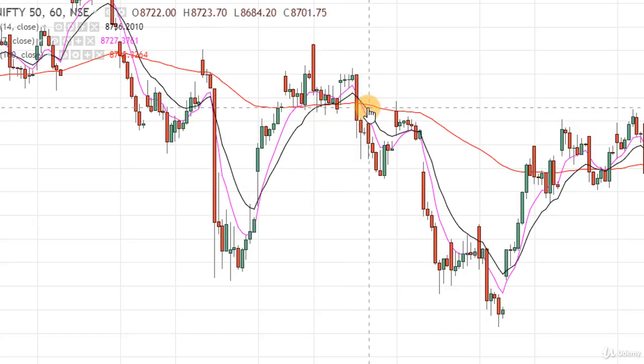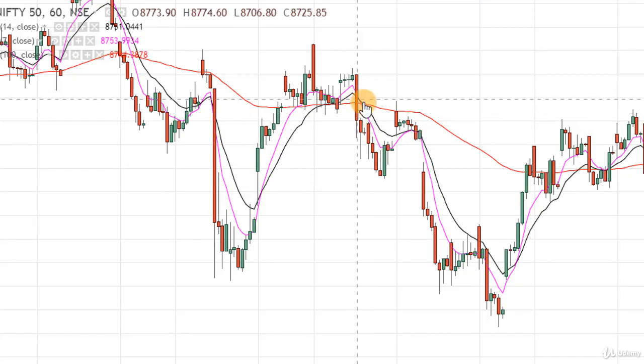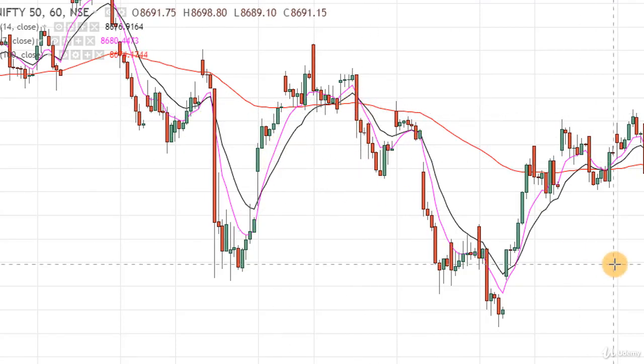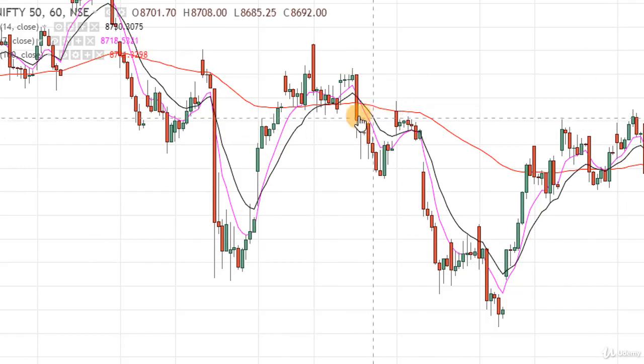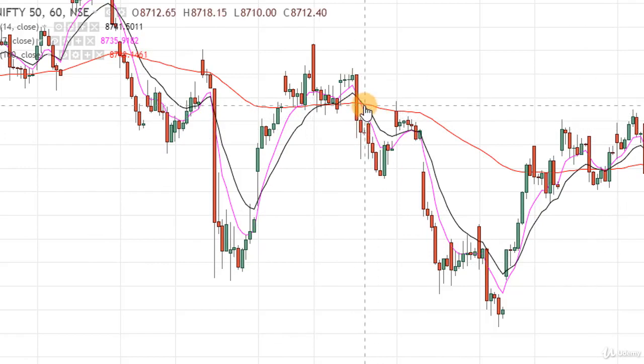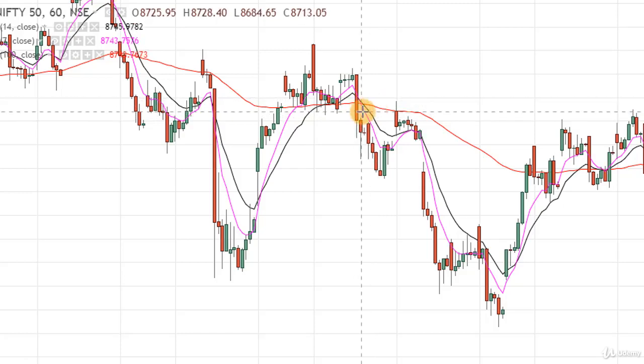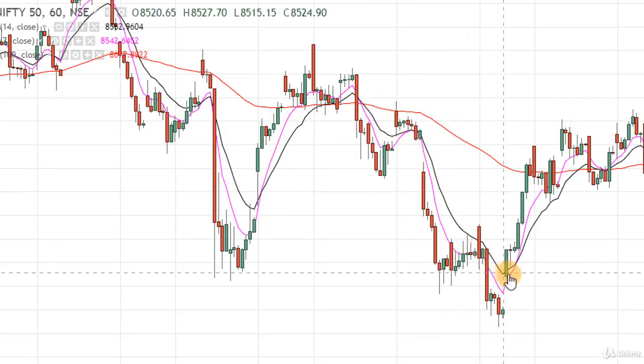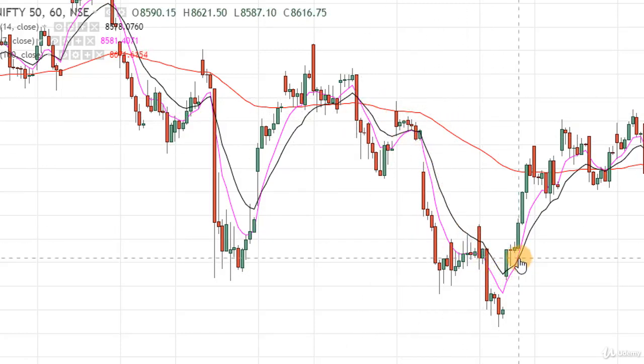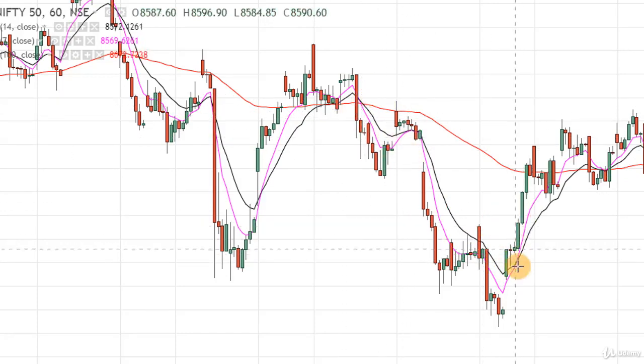It means faster moving average is below the slower moving average. We are getting a bearish signal. As it is a downtrend, we will sell. We will take only short sell signal and we will avoid all the buying signal. Here we will sell, and when this pink line is above this black line, we will exit here. By selling here, we will exit here.